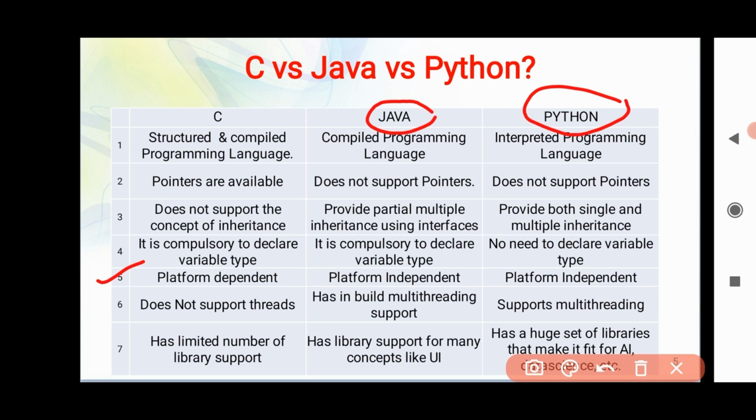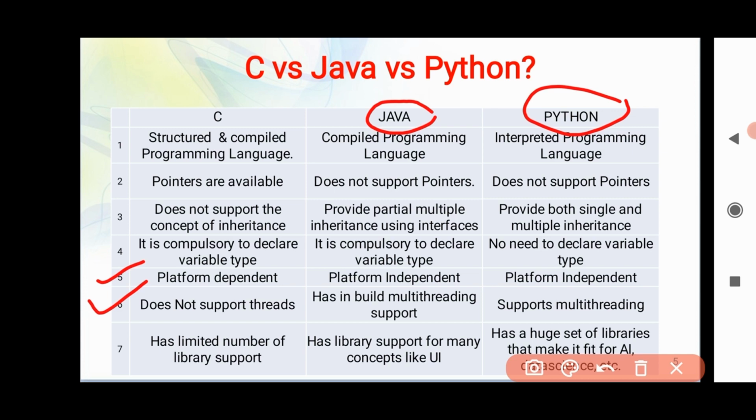Alright. Now coming to the next, C does not support threads. There is one concept called multi-threading. What is the meaning of program basically? A program is nothing but a set of instructions, isn't it? And when that program is in the execution stage, it can be called a process.